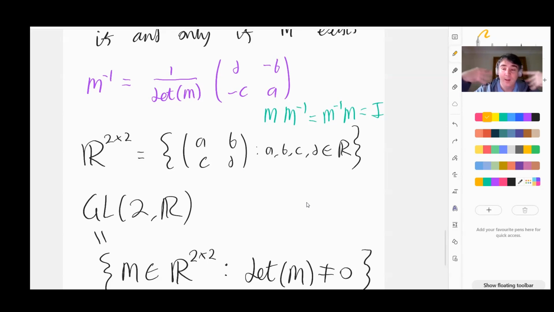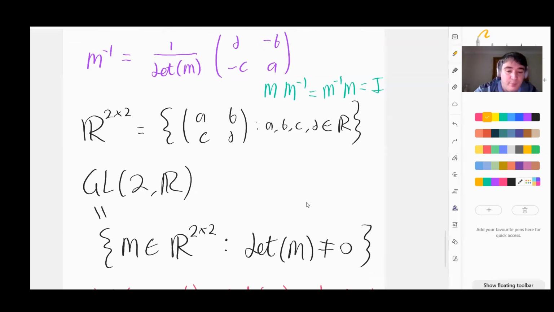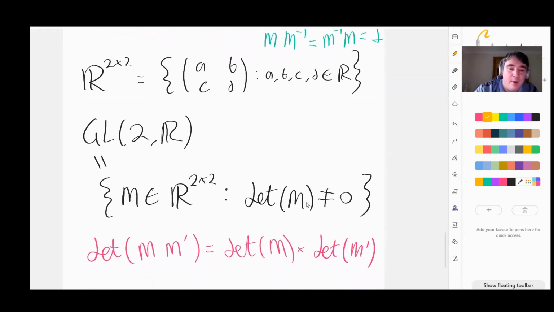This is called the general linear group GL2(R), and we can define it like this: it's the set of all of the 2 by 2 matrices that have a determinant which is not 0. It's a beautiful thing that this set of matrices forms one of these structures which is called a group. Okay, so what is a group?